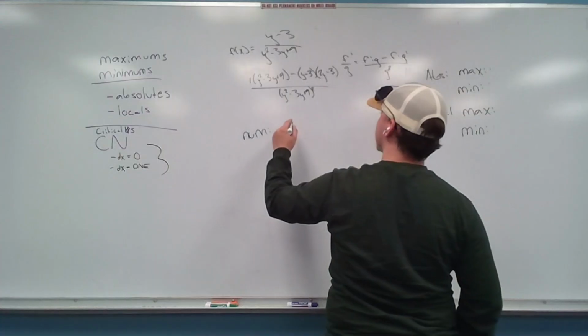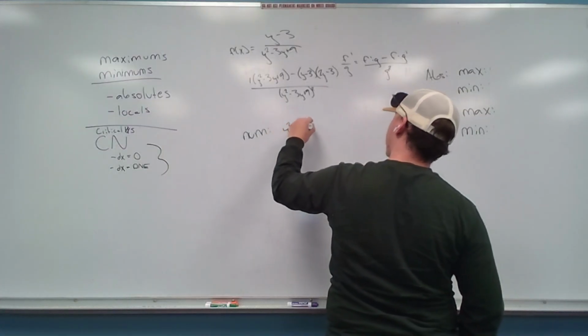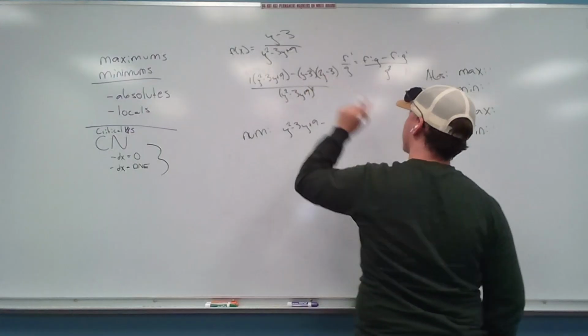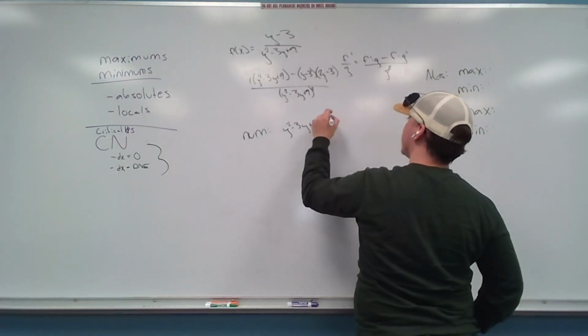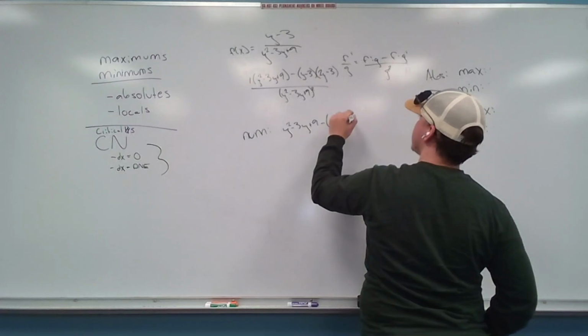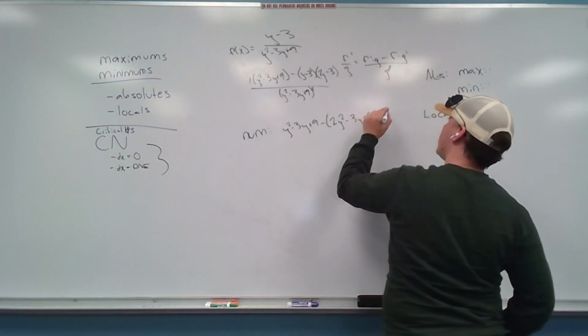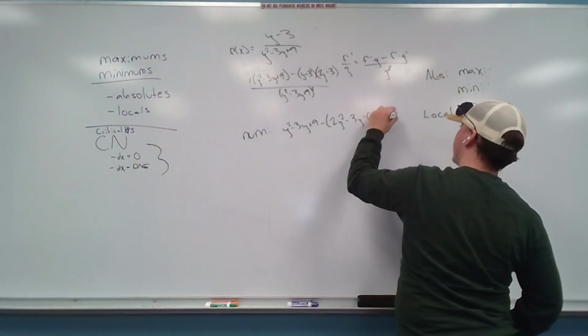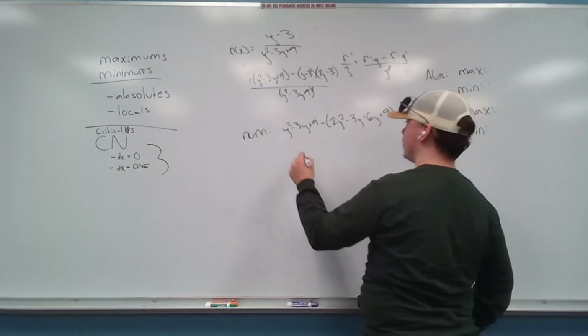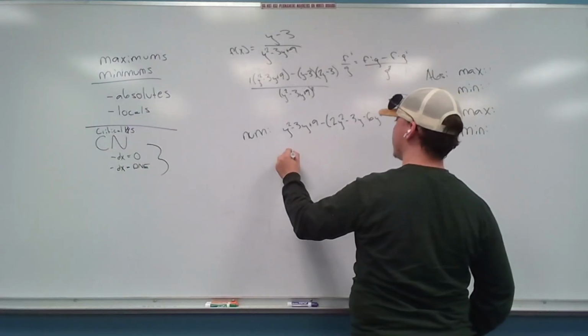The numerator is going to be y squared minus 3y plus 9 minus, I'm going to combine these, 2y squared minus 3y minus 6y plus 9. So y squared minus 2y squared is going to be negative y squared.